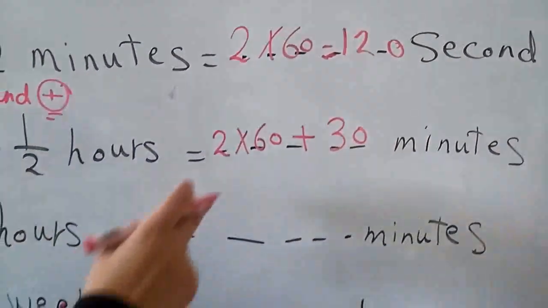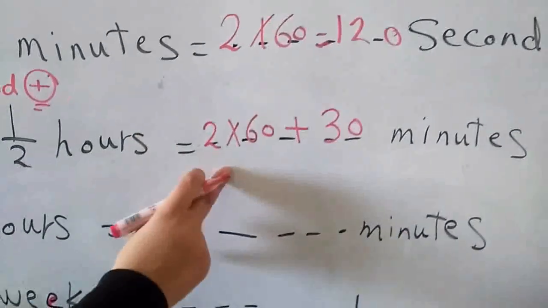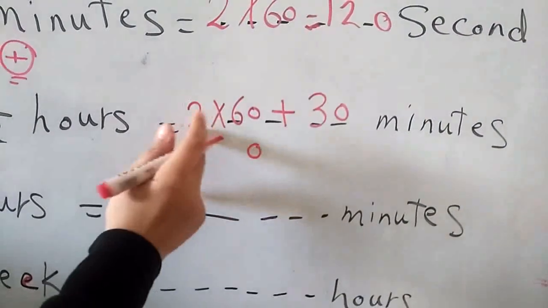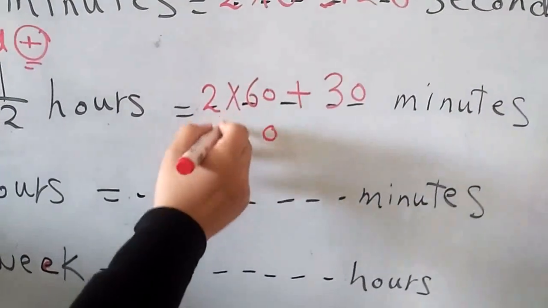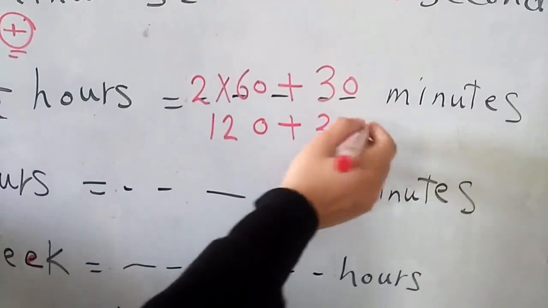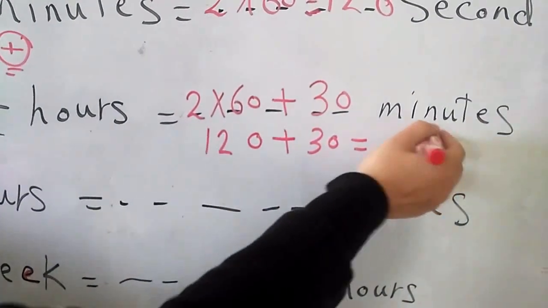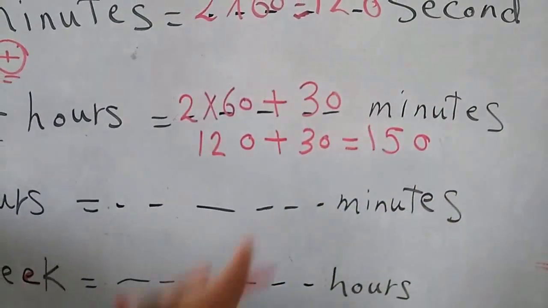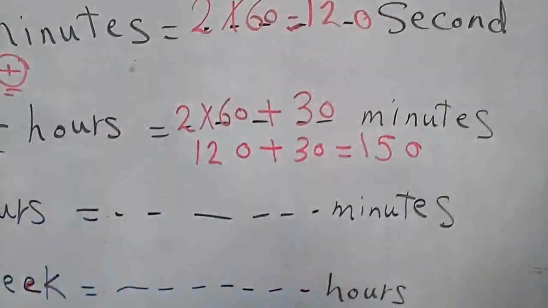Yes, excellent. Okay, we should do the multiplication first. 2 times 60, we put 0 on the right, then 2 times 6 equals 12, plus 30: 0 plus 0 equals 0, 2 plus 3 equals 5, and 1, so 150 minutes.